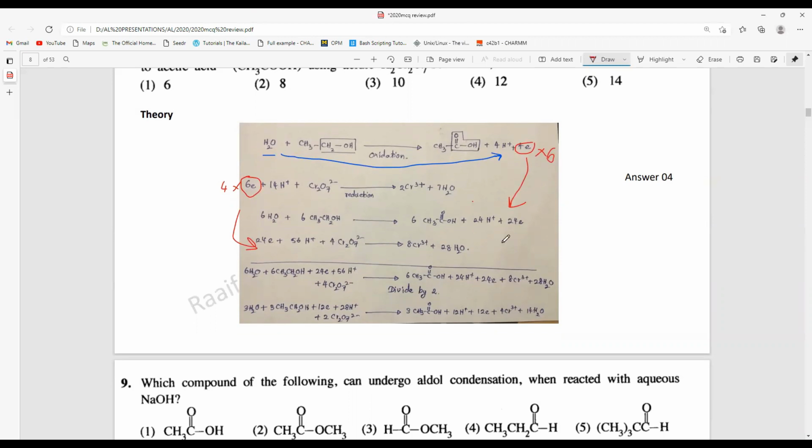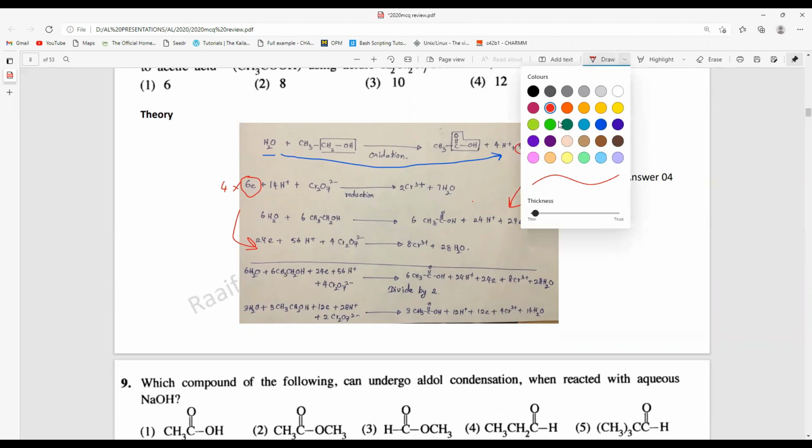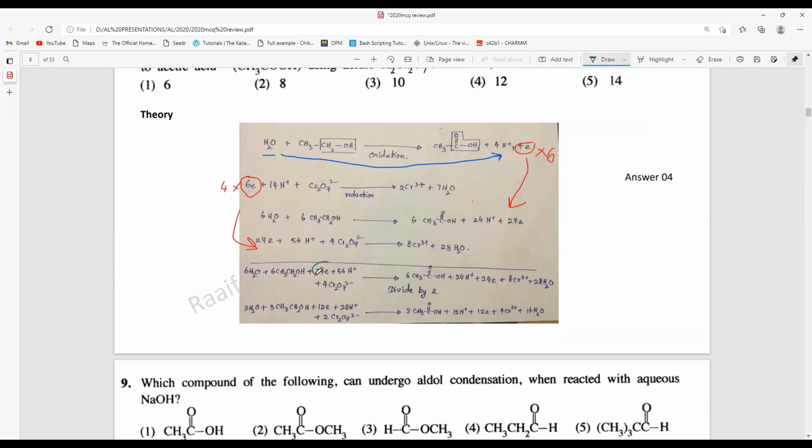When I add these two, I see here on both sides you need 24 electrons. However, remember here we just wanted to equalize the electron numbers. So when I have the final equation, I see all these coefficients, 6, 24, 56, 4, 6, 24, 8, 28, can be divided by a common factor, right?